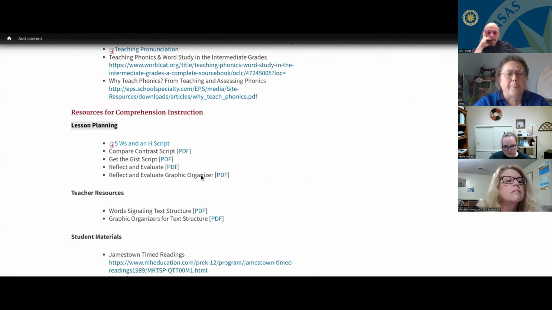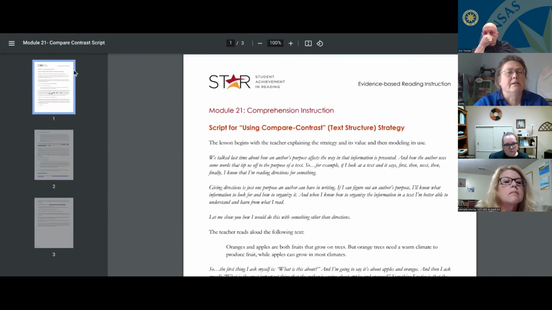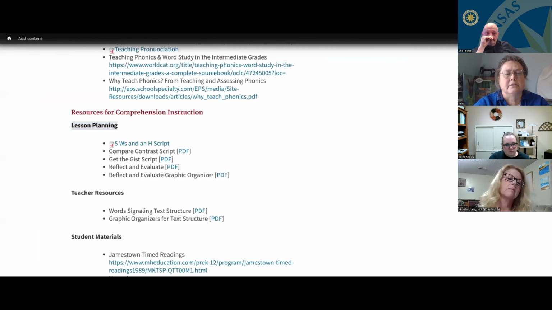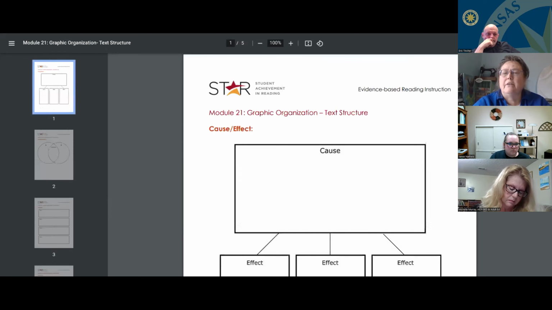And then the compare and contrast script. And then all of the different graphic organizers.